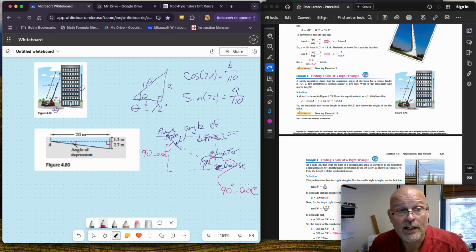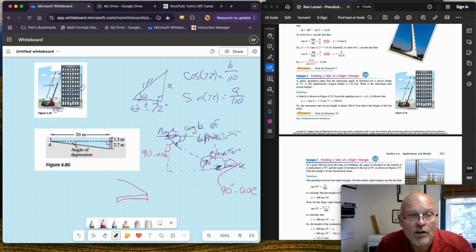Now, additionally, what they'll often throw in is a height offset at either the bottom or the top. If we look at this, the height offset is this 1.3 underwater in the pool. The way we deal with that is we just picture a rectangle under or over or next to or whatever they do to my triangle.